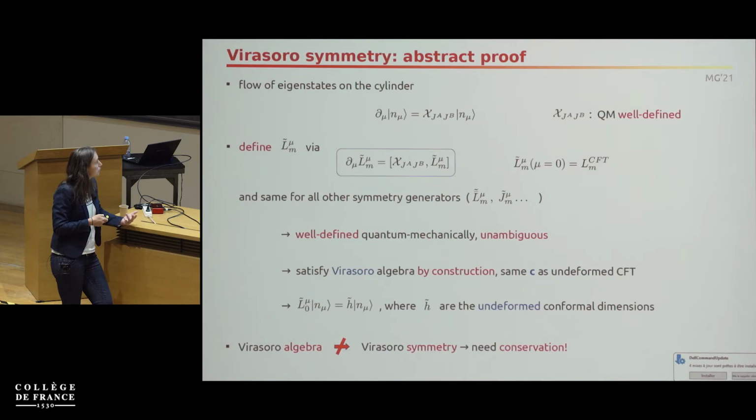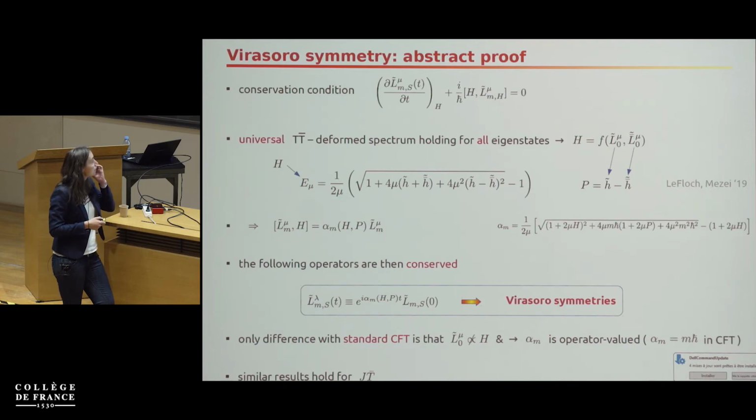So now let me prove to you that the L tildes defined this way are actually conserved. Just to remind you, the conservation equation is this: the explicit time derivative of the Schrödinger picture operator moved back to the Heisenberg picture, plus the commutator with the Hamiltonian, is 0. This is just the d/dt of the Heisenberg picture operator, which has to vanish.